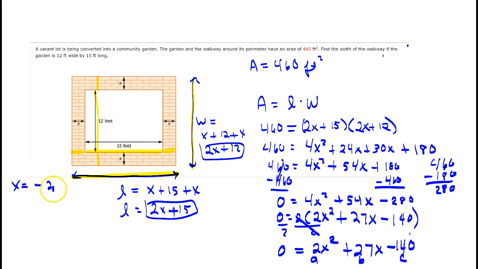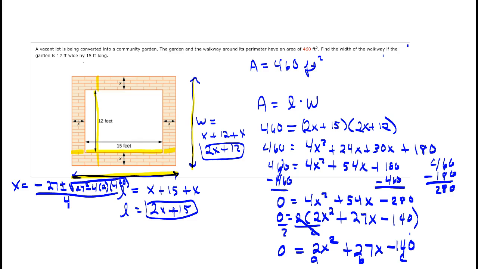Negative b, which is negative 27, plus or minus the square root of b squared, that's 27 squared, minus 4 times a, which is 2, and then times c, which is negative 140. That's all divided by 2 times a, which is 4. 2 times 2 is 4.